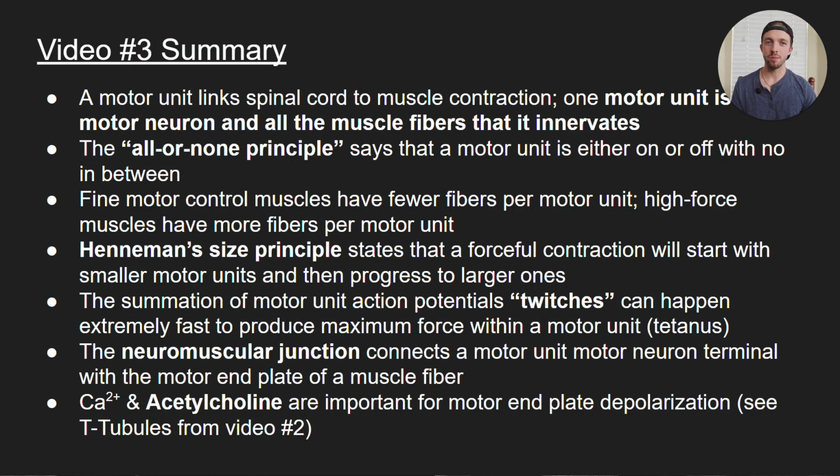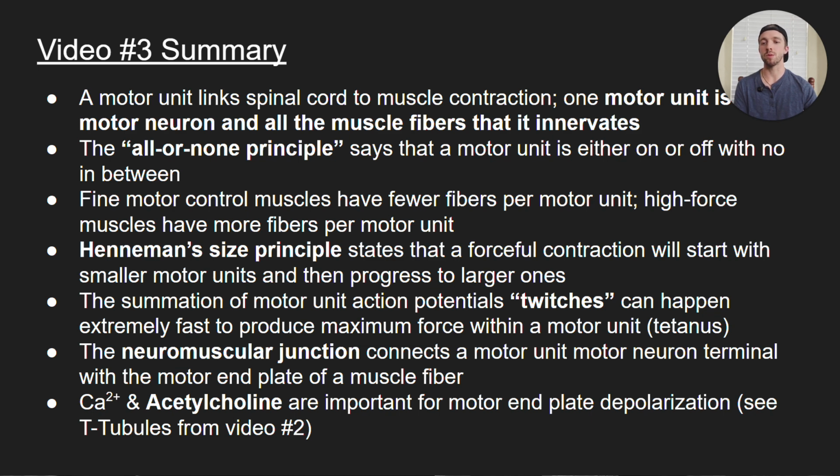So, to summarize the neuromuscular connection, we have a motor unit that links the spinal cord to muscle contraction. One motor unit is a motor neuron and all of the muscle fibers that it innervates. Some can have just a few fibers, some can have tons of fibers, depending on the purpose of that muscle, how precise it needs to be, and how much it's relied on for force production. The all or none principle says that a motor unit is either off or on: either all of those fibers are on or all of them are off. Henneman's size principle is one way that we regulate force.